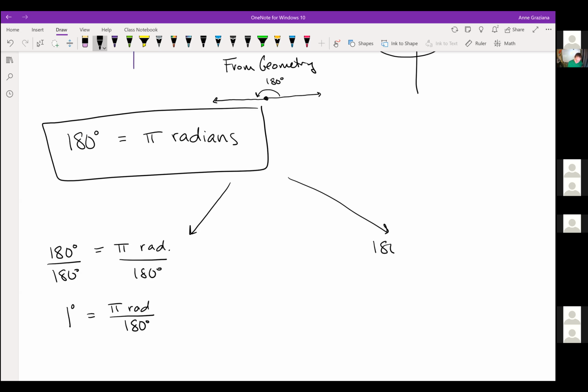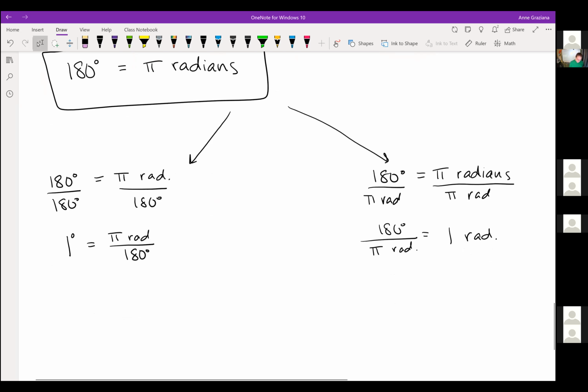Similarly, if I go back to my original 180 degrees equals pi radians, and instead I divide both sides by pi radians, then 1 radian is equal to 180 degrees over pi. So more specifically, 1 degree is pi over 180, and 1 radian is equal to 180 divided by pi.